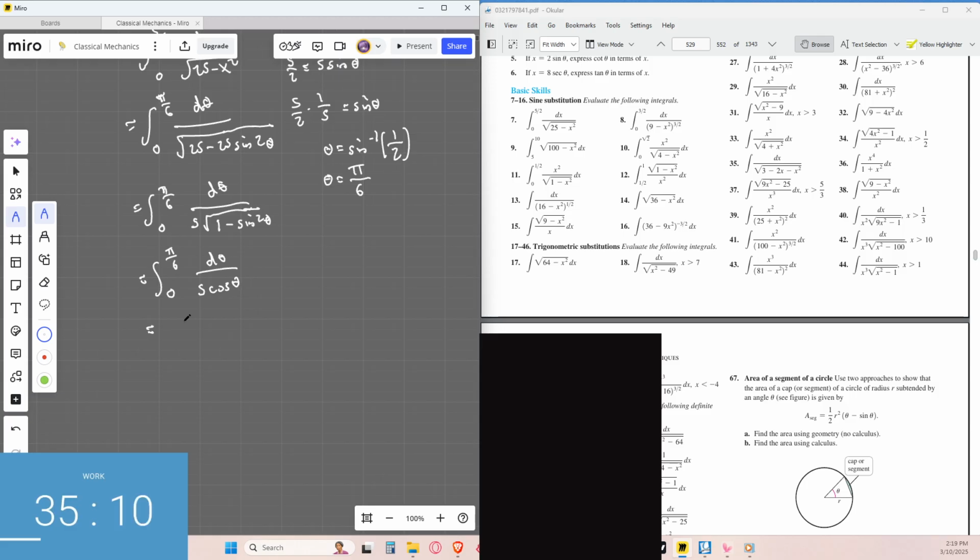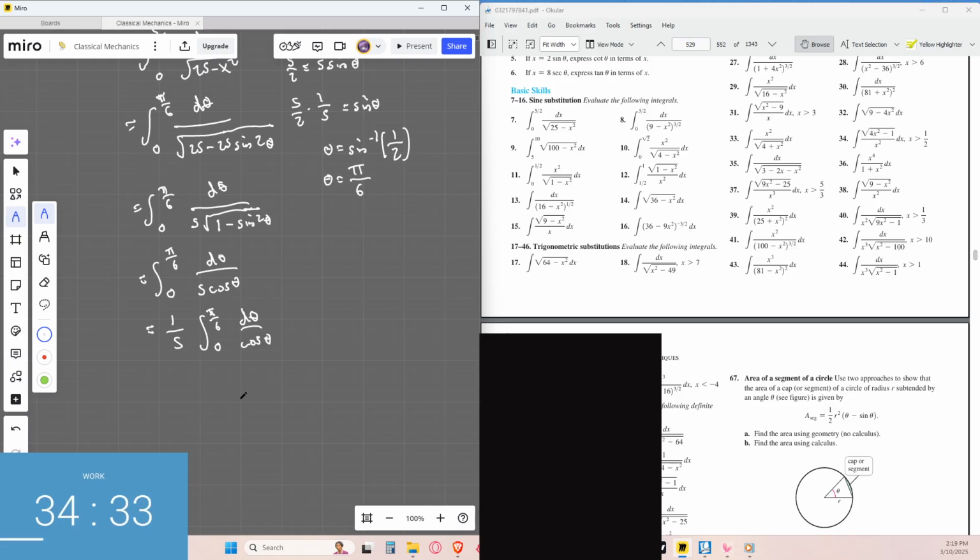So now we have cosine of 5. We can't do u substitution because if we do u substitution with this, then we would have to differentiate with a sine. What I mean is that we do u substitution, cosine would be equal to u, and then the derivative for u would be sine.